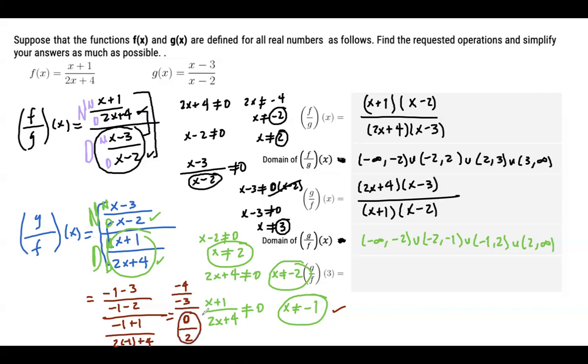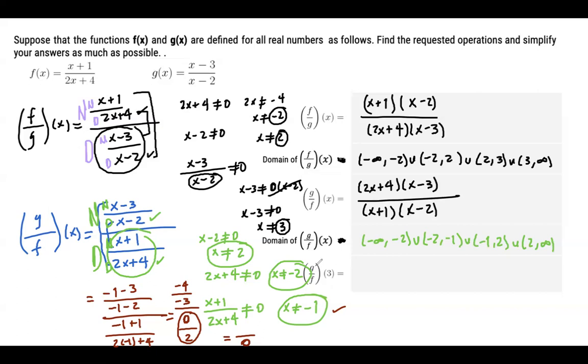So this whole thing is going to end up as 0. If you do the operation either way, minus 4 times 2 and minus 3 times 0, you're going to end up with a 0 in the denominator. So that's why we need to also exclude the minus 1.